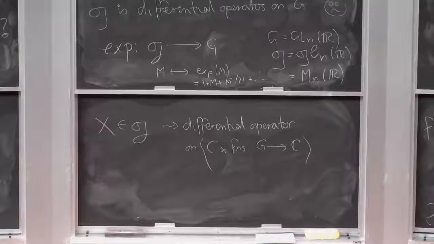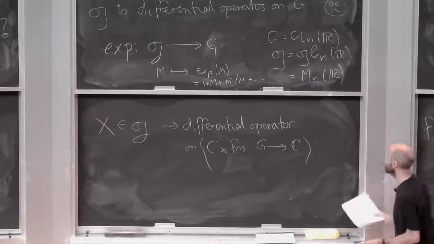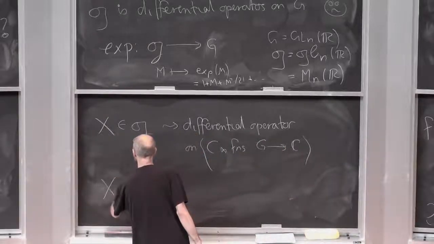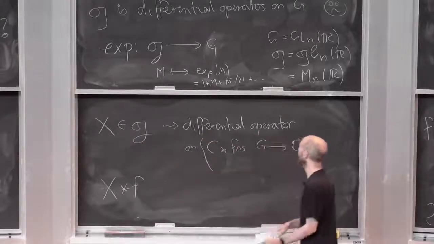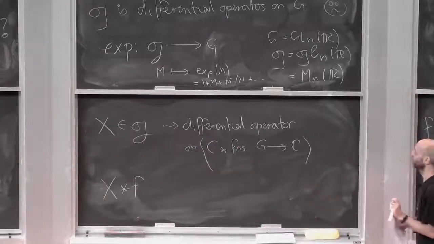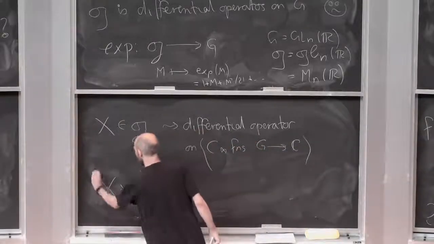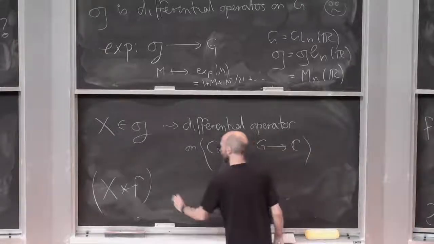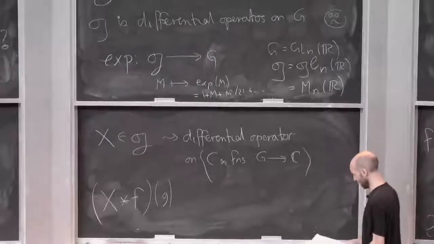There's a differential operator, and if my notes are right, and I can't even guarantee that, it will send x. So the idea is that x star f, where x is in my Lie algebra and I'm thinking of it as a differential operator applied to my function f, is going to be a new C infinity function from G to the complexes. So it makes sense to try and evaluate my new function at g.